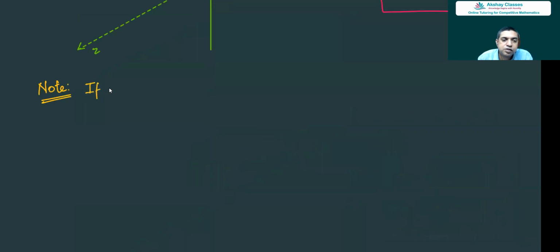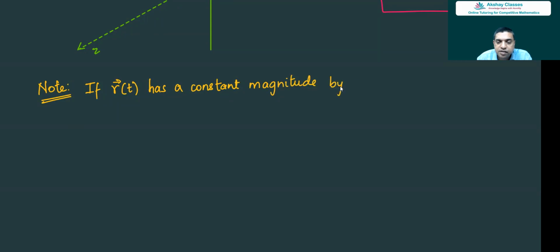If r of t has a constant magnitude but its direction keeps changing, which kind of vector can you find?